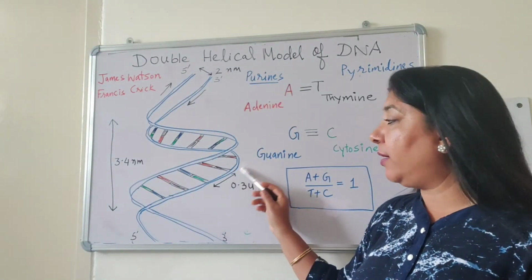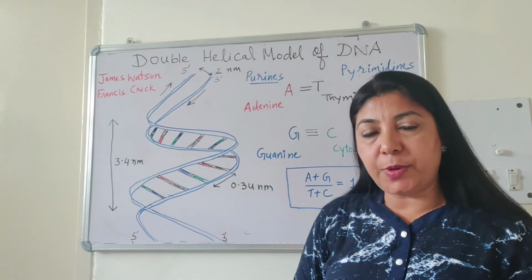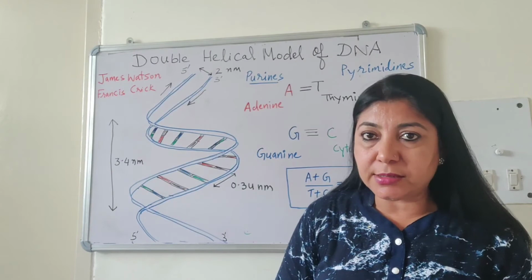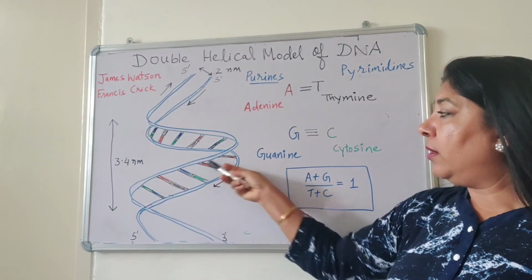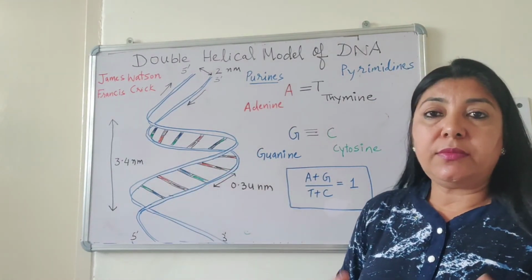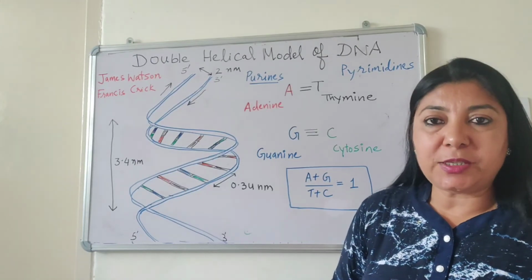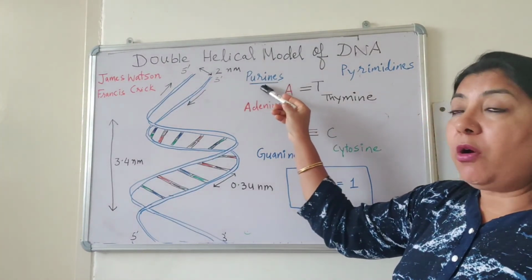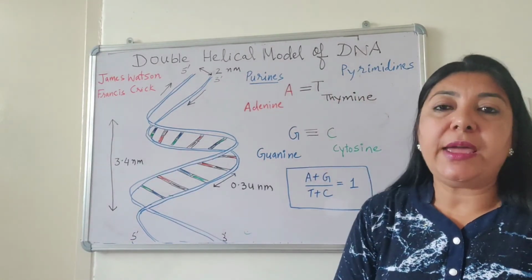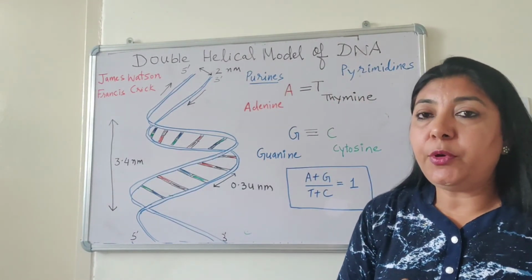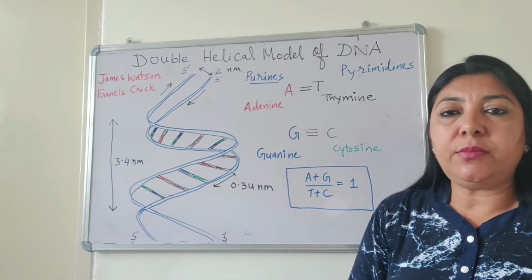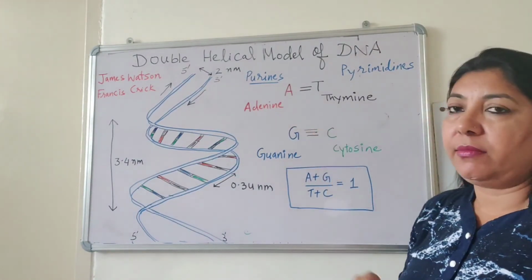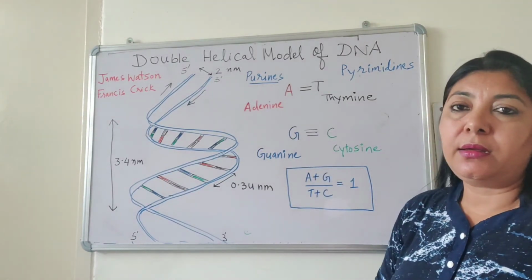So we can calculate the distance between two successive base pairs. They will be 0.34 nanometers. And also, these base pairs show complementary base pairing, which means a purine will always pair with a pyrimidine. What is purine? Purine means those nitrogen bases which have double rings, like adenine and guanine.